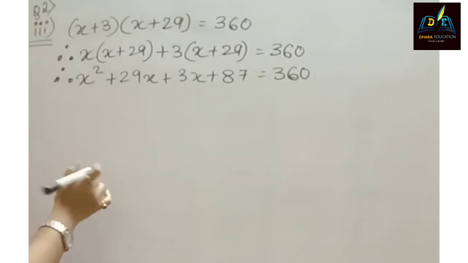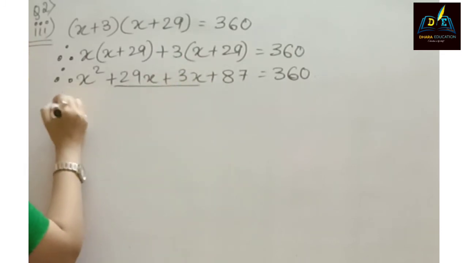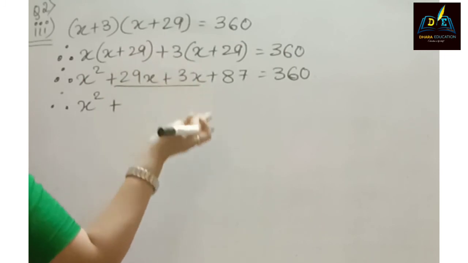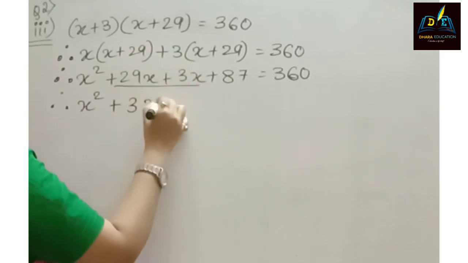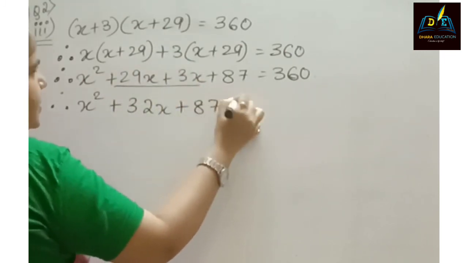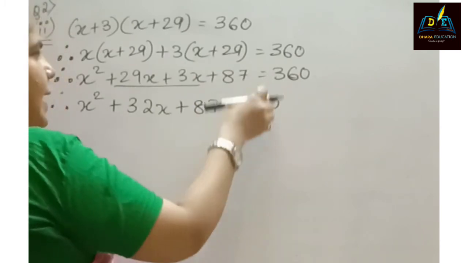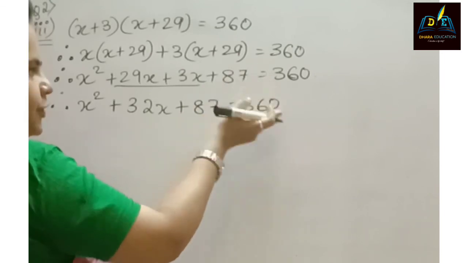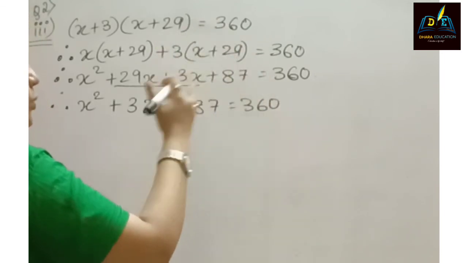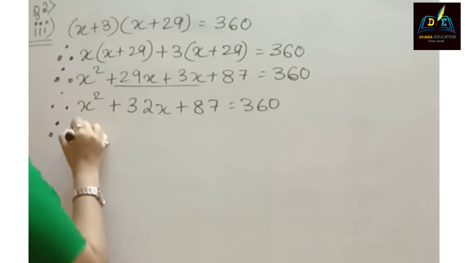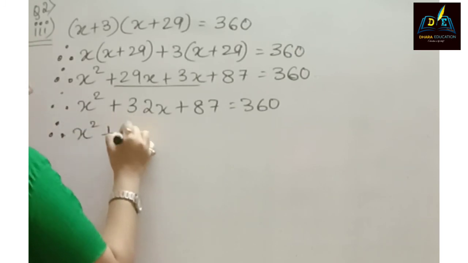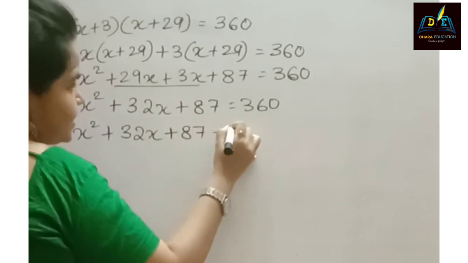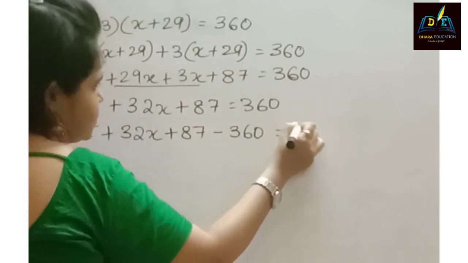Now what we need to do? We need to add this. x square plus 29x and 3x, that is 32x, plus 87 is equal to 360. Now we need to put 0 and we have to shift this 360 from the right hand side to the left hand side. So x square plus 32x plus 87 minus 360 is equal to 0.